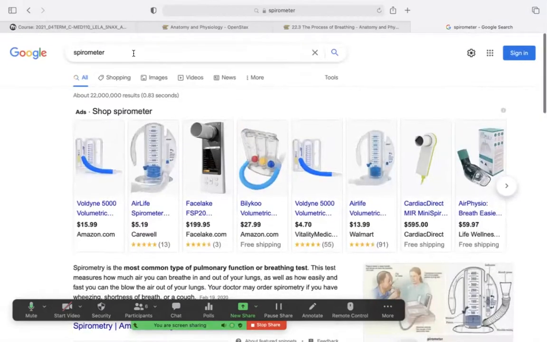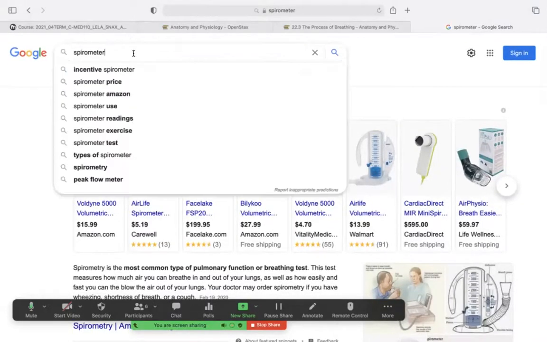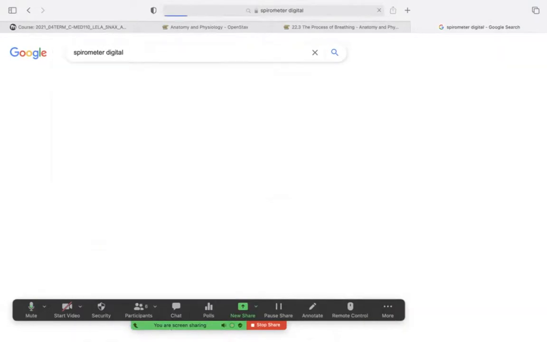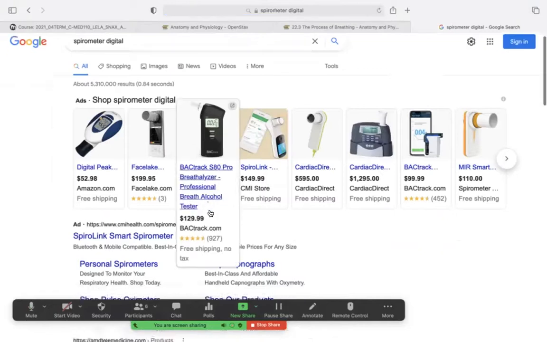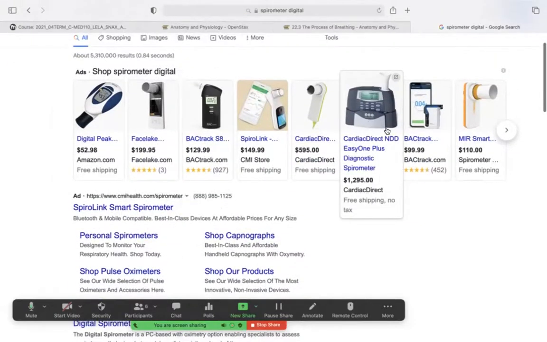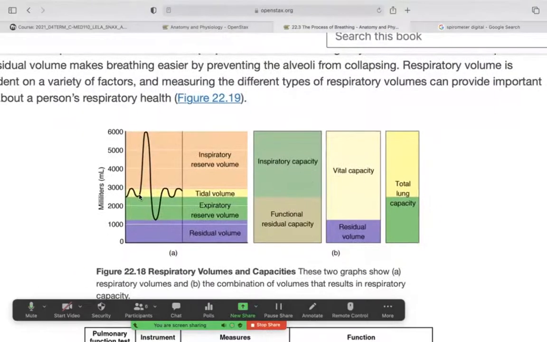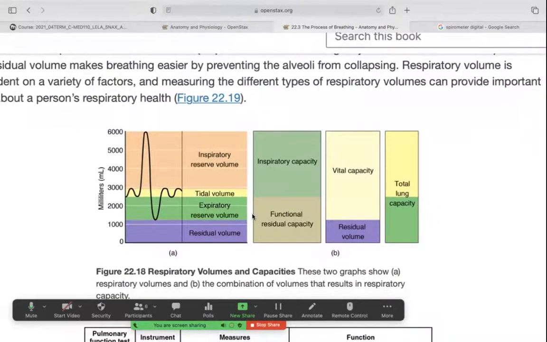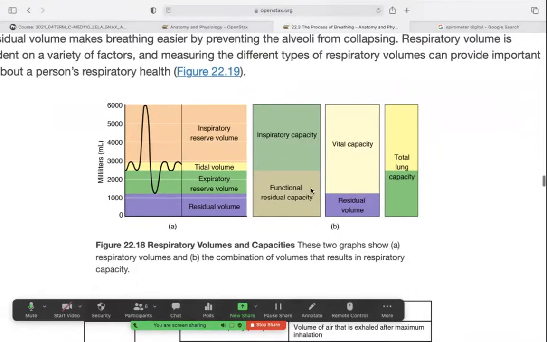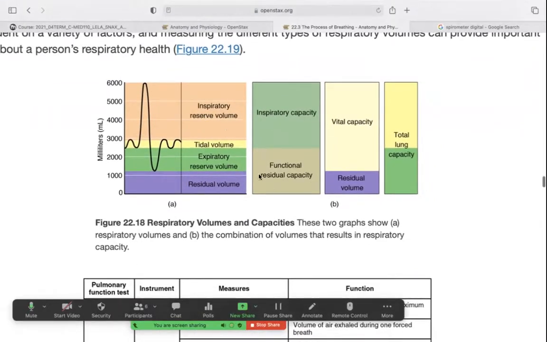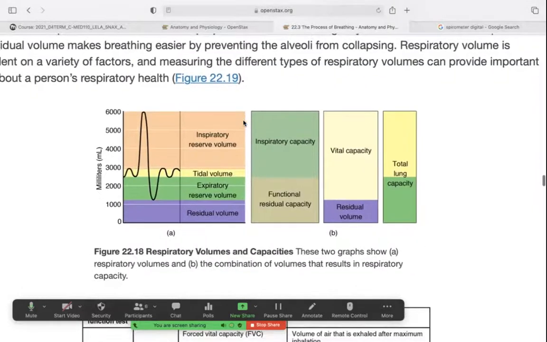But there's also a bigger machine. It has these screens, and it'll print it out, and it'll also print out all these lung volumes. And from what we know about the lung volumes, we can confirm diagnoses.